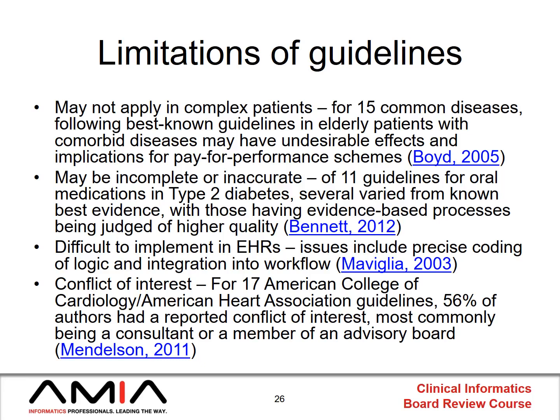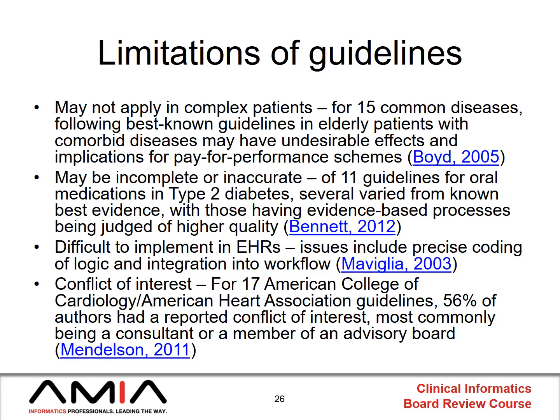Another challenge with guidelines is that they may be incomplete or inaccurate. One analysis looked at 11 guidelines for oral medications in type 2 diabetes, finding that several of them varied from the known best evidence, with those based on evidence-based processes being judged of higher quality.